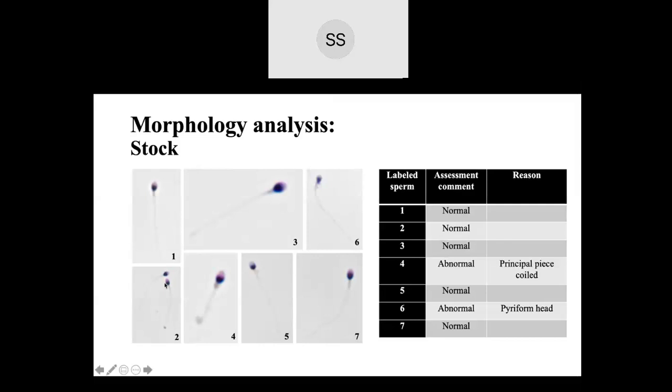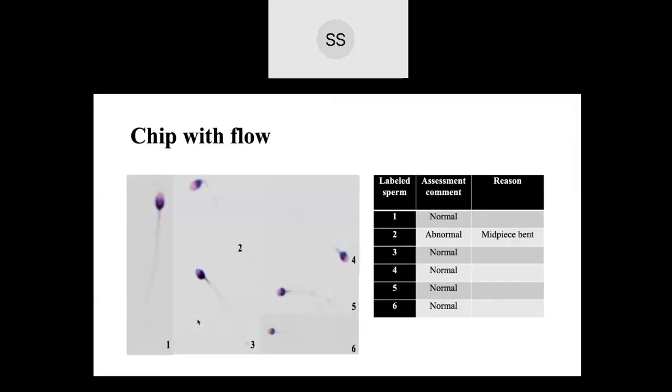So image 1 is a normal healthy sperm cell, and abnormality can be observed in images 4 and 6. In images 4 and 6, you can see a pyriform head, and in number 4 the tail is kind of bent. So these are considered unhealthy, morphologically abnormal cells according to the WHO.